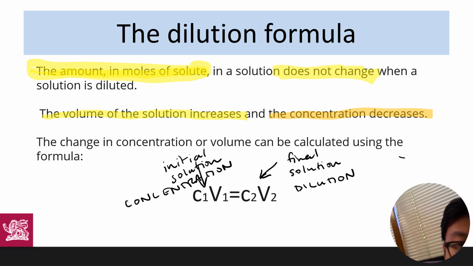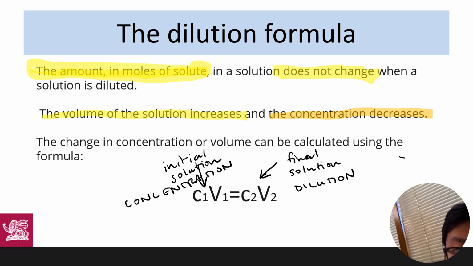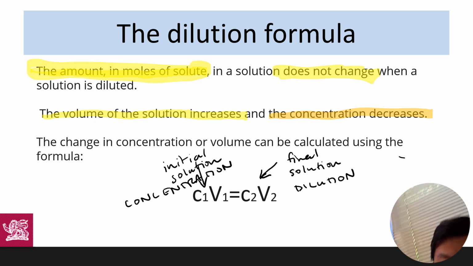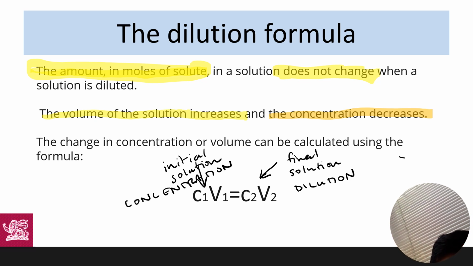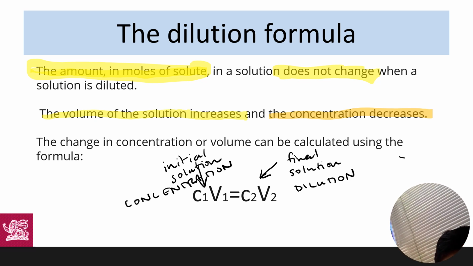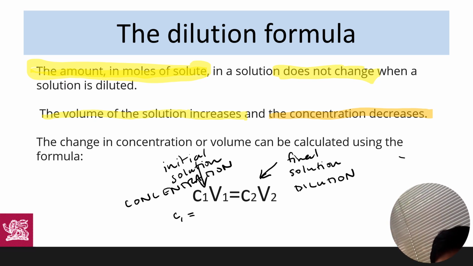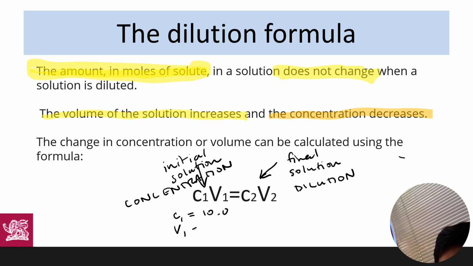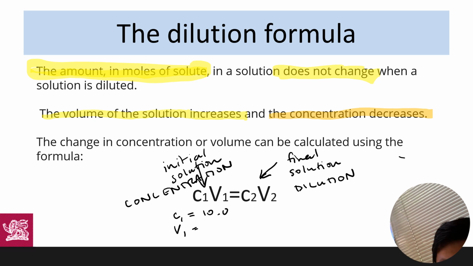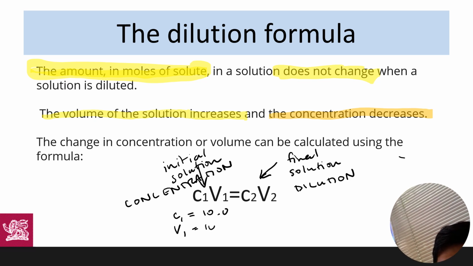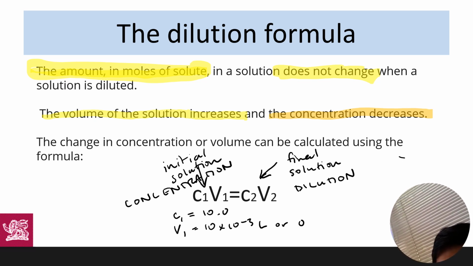So all those calculations I did on the previous slide, you could do in one step. We knew the concentration for the initial solution was 10.0, and the volume that we used to make the dilution was 10 mL, or 10 times 10 to the negative 3 liters, or you could just say 0.01 liters.